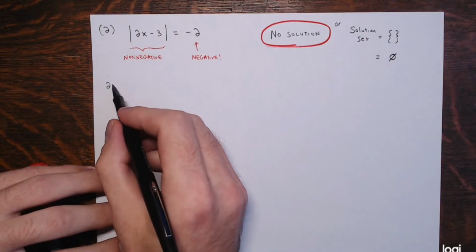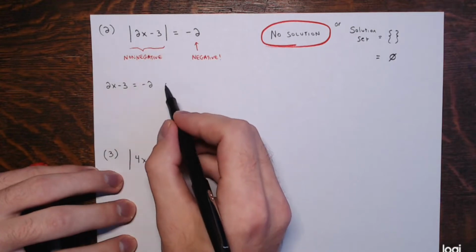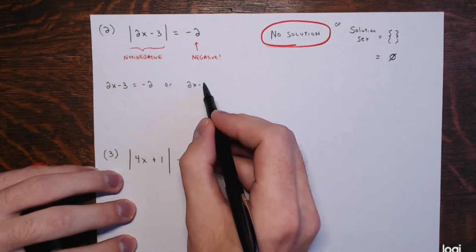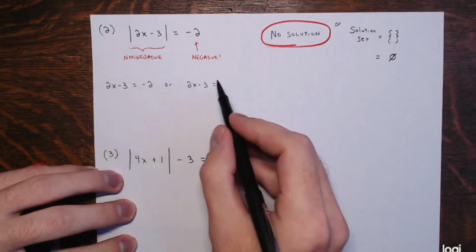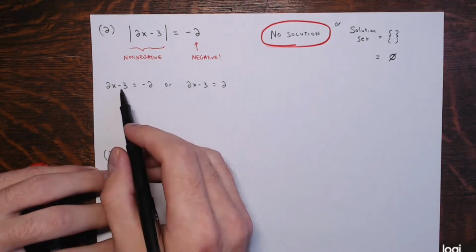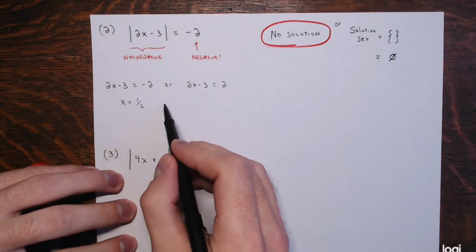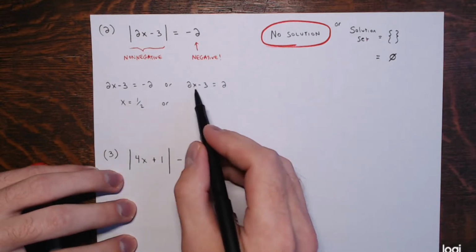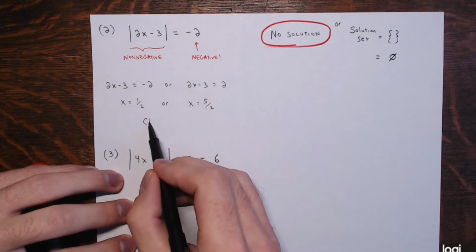So you say 2x minus 3 could be equal to negative 2, or 2x minus 3, the expression inside the symbols, could be the opposite of negative 2, which is positive 2. And then we solve these, and here I would add 3, divide by 2, we get x equals positive 1/2. Or here I would add 3, divide by 2, x equals positive 5/2. But then look at what happens when you check.